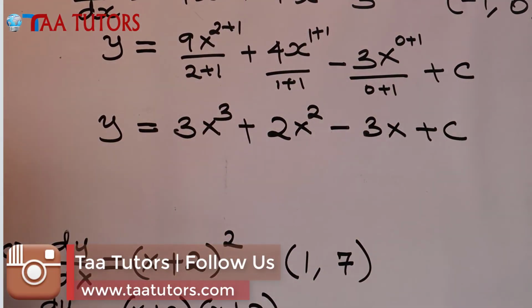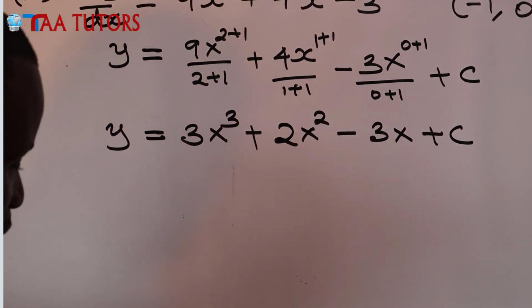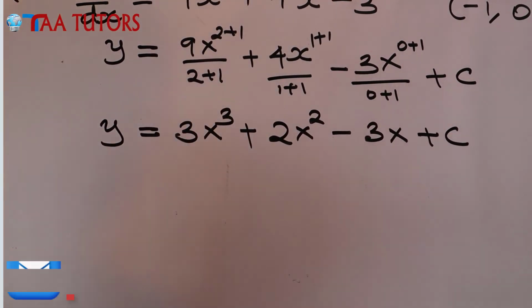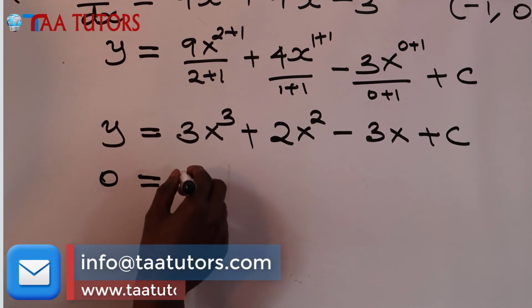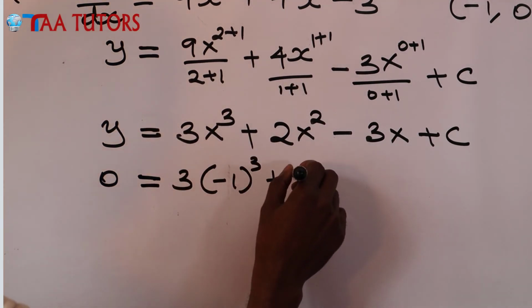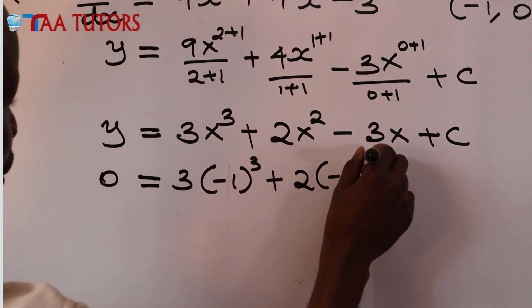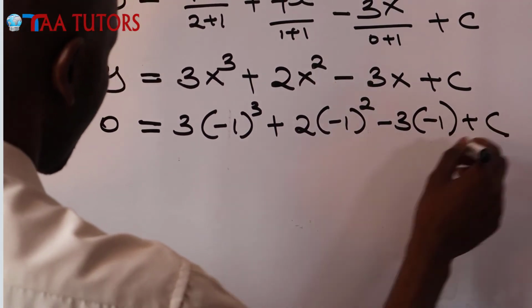But we know that the point at which this line passes is at negative 1, 0. So I'll say y equals 0 for x is negative 1 cubed plus 2 into negative 1 squared minus 3 into negative 1 plus c.